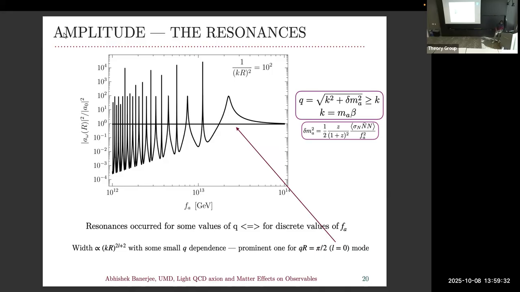So R is the size of the chunk of matter. We have taken R because it's the radius of the Earth. Yeah. But the actual detector is somewhere on Earth, right?